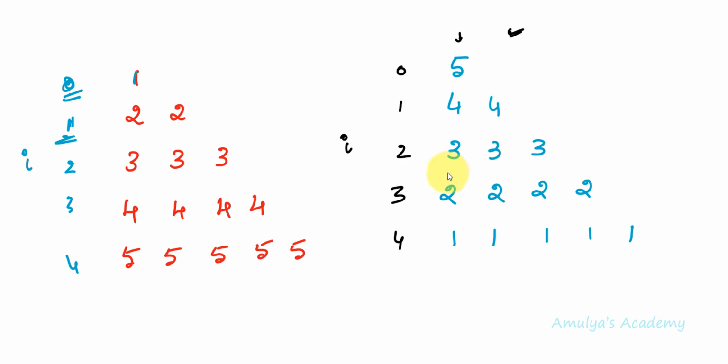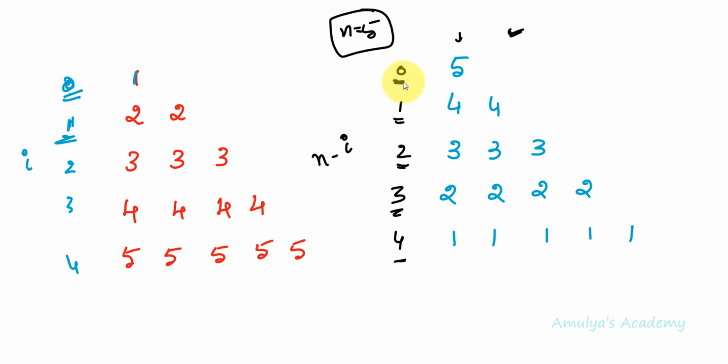That means we want to print based on the I value. But here we can see at row 0 we want 5, at row 1 we want 4, at row 2 we want 3, at row 3 we want 2, at row 4 we want 1. And we'll get this pattern when n value is 5. So what I'll do is print n minus I value.